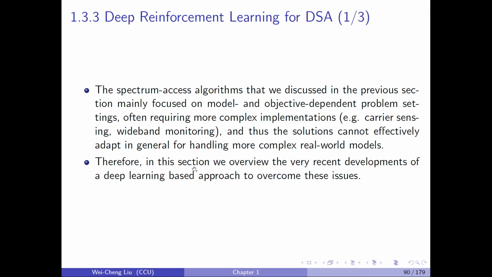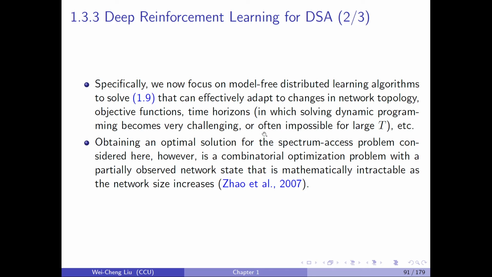Therefore, in this section, we overview the very recent developments of a deep learning-based approach to overcome these issues. Specifically, we now focus on model-free distributed learning algorithms to solve equation 1.9.